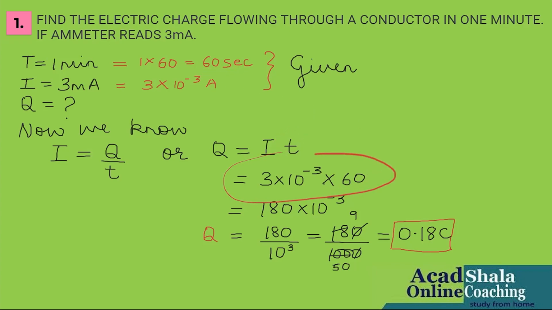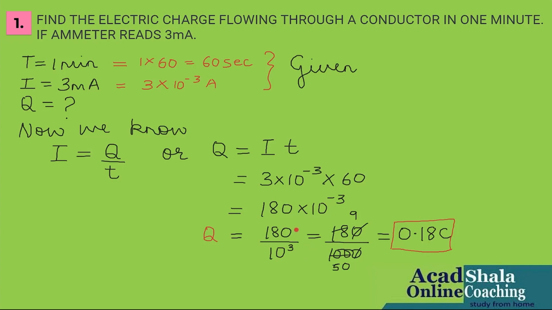After writing this value, I will solve it in a very easy manner. How? I will multiply 3 into 60. I have written 180 over here and then 10 to the power minus 3. More, I will solve it. That is 180 upon 10 to the power 3. Why? Because this negative sign, I have to remove it. I will take this 10 to the power minus 3 down.